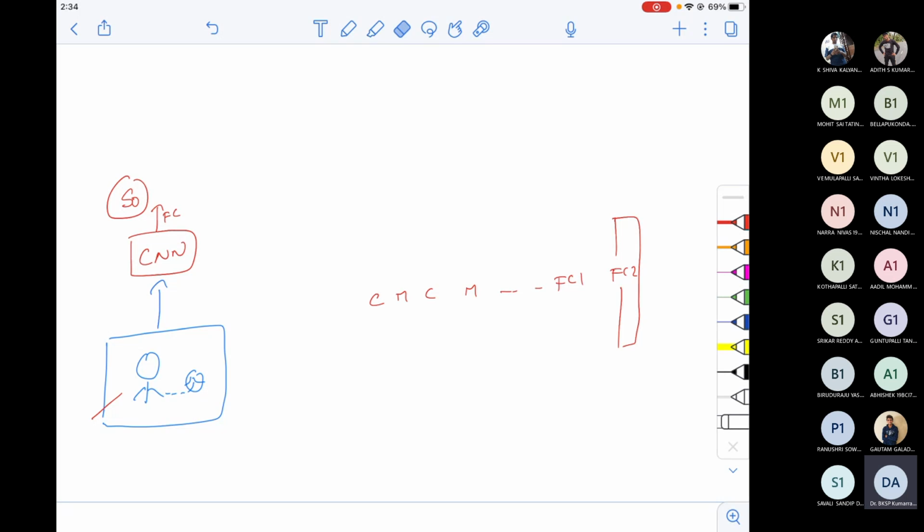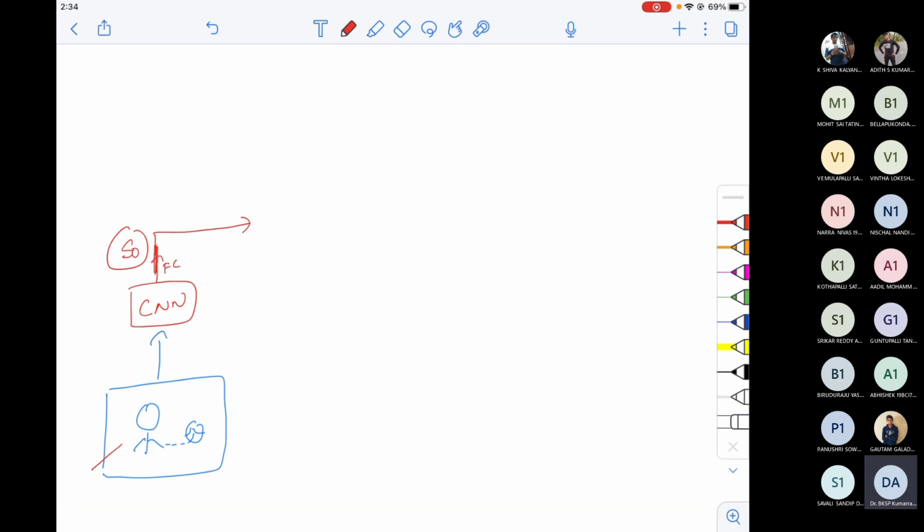Where is the RNN here? Let us see that. So this is my S0. I'll just pass it like this. I have an RNN architecture like this. Maybe I'll just draw.